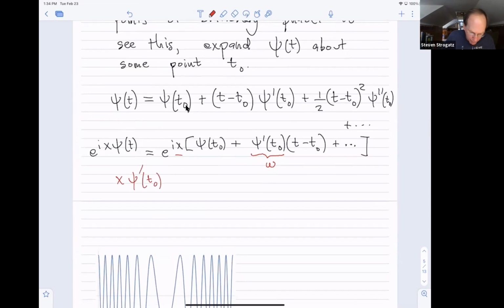So x psi prime at t0 is the local oscillation frequency at t0. That's what this little expansion shows us.